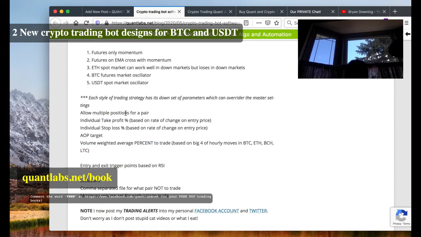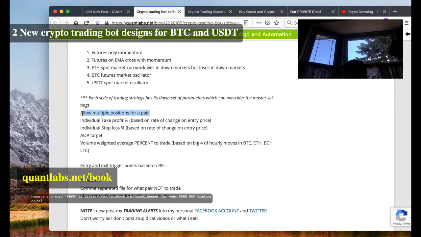But if you want multiple in a high magnitude, you allow multiple positions for a pair to be open. So that means if you have the market condition of a particular pair that's moving a lot, what will happen is you will get a return. Let's say one position would give you 1%.